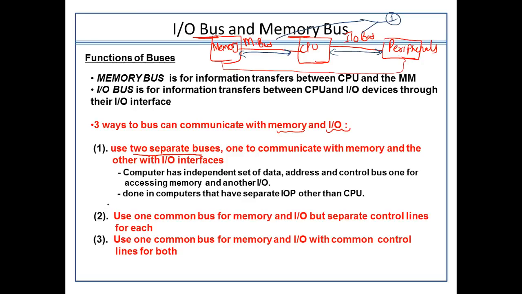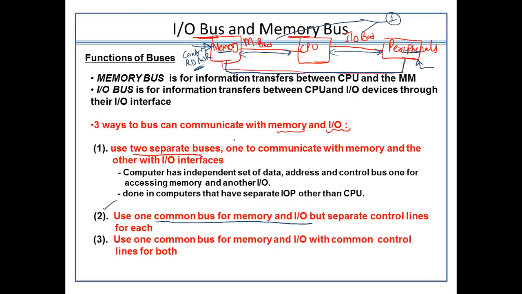The second thing which the manufacturer can do is use one common bus for the memory and the IO devices. One common bus can be there directly, but the control lines would be different, because to control the data in the memory we require something different, since in memory we can perform only read and write operations. So to control the data here we can have a separate line, and to control the data on the peripherals we can have a separate line.